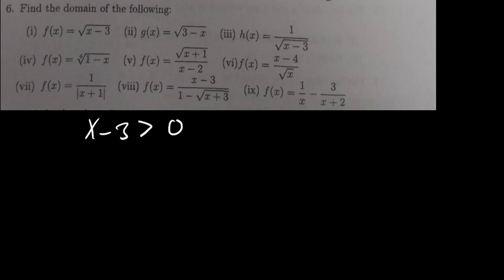If I put greater than or equal to, meaning I'm including 0. Since the square root of x minus 3 is on the denominator, if I include 0, that is wrong. I can never have 0 on the denominator, so that can't fit. But if I put not equal to 0, again that is not true, because in the square root I can have 0.